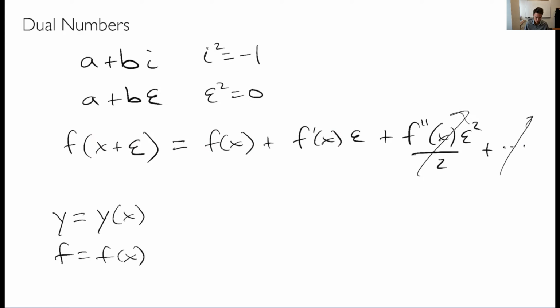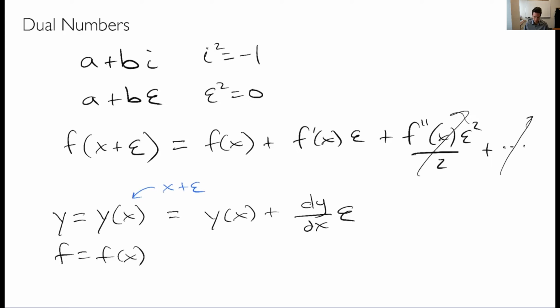So if I plug in first for x, I'm going to plug in the same thing that we did. I'm going to instead plug in a dual number, x plus epsilon. And if I do that, what's going to come out is just what we see above, y of x plus dy dx times epsilon. It's the same as above.